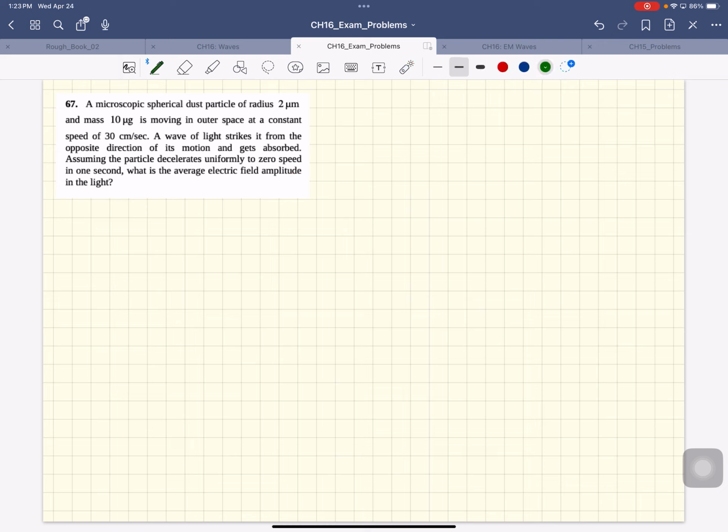So here's a dust particle, and it is stopped by a beam of light. It was going at 0.3 meters per second and stopped in 1 second. Let's first calculate the acceleration.